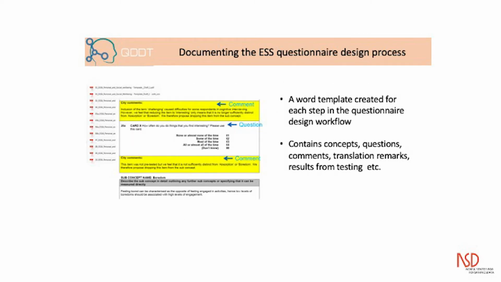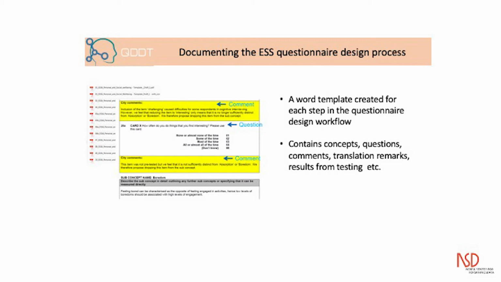For a long time, that is since the first round of the ESS, the survey has been using Word templates to document the steps of the questionnaire design workflow. As you can see here, through one development round, there were like 12 different templates, and you see how the questions were expressed and comments added and so on.